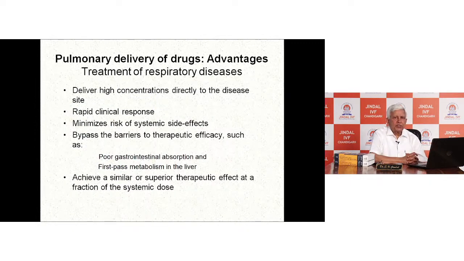Now, what are the advantages of the inhalational route or direct pulmonary delivery, you see? That's what it implies, that it is a direct delivery to the lungs. It is a kind of topical delivery in one sense because it delivers high concentrations directly to the diseased site most of the time. These are the airways and sometimes the lung parenchyma as well. So there is a rapid clinical response. There are minimum risks of systemic side effects because the drug is minimally absorbed in the blood.